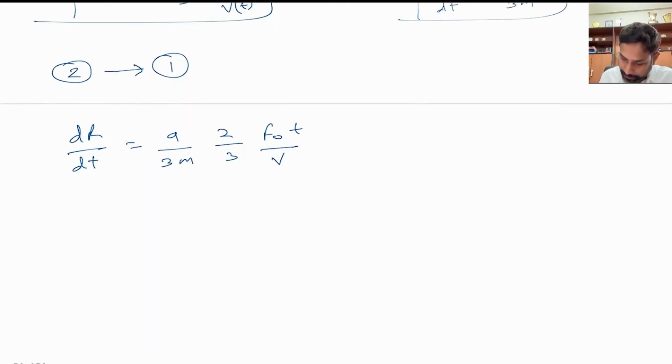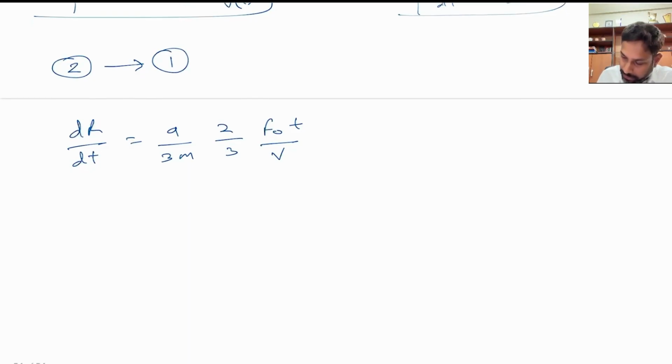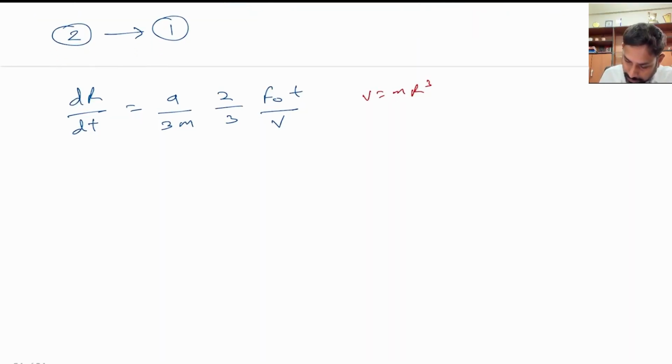Okay, where v is something we know, v is m r cube, so that gives us dr over dt is equal to 2a over 9 m square, f naught t over r cube.